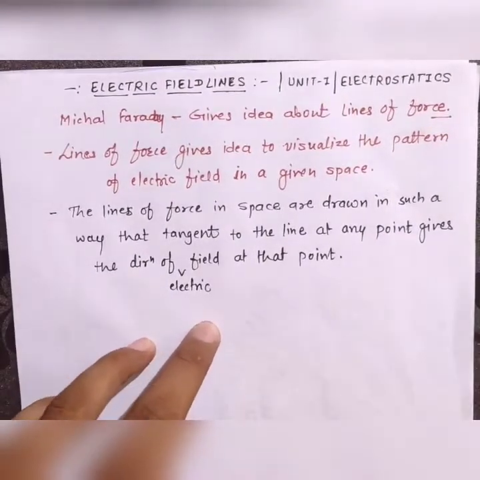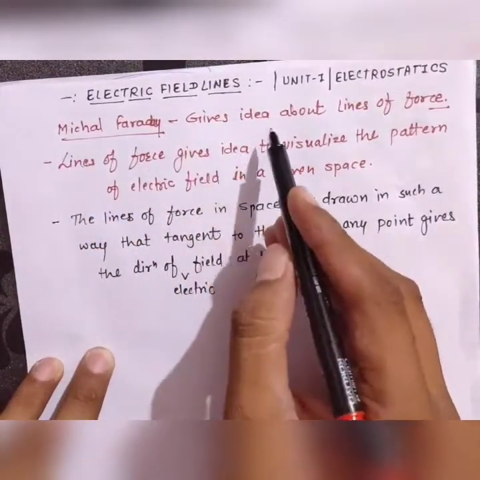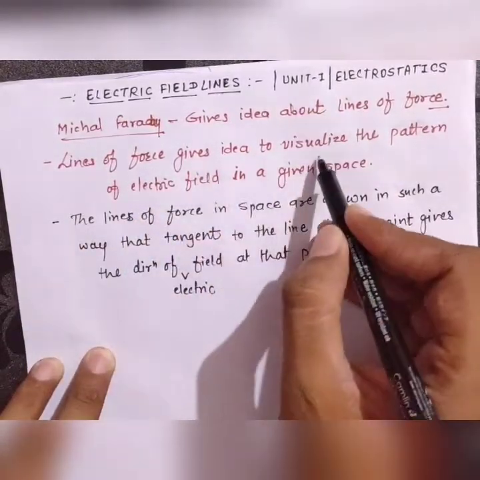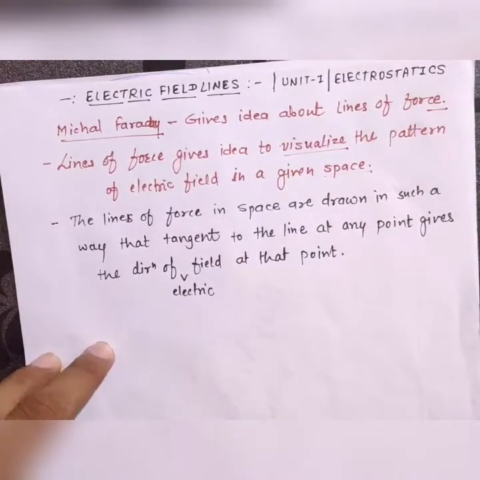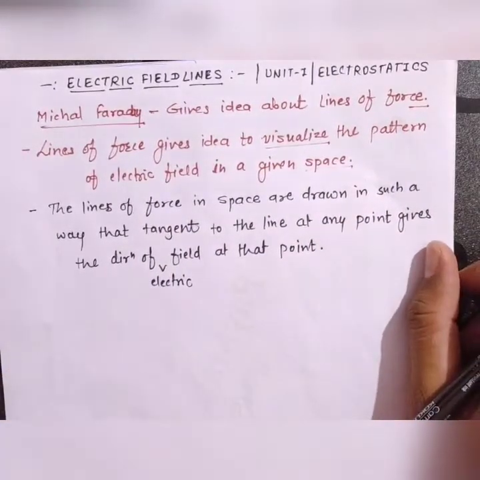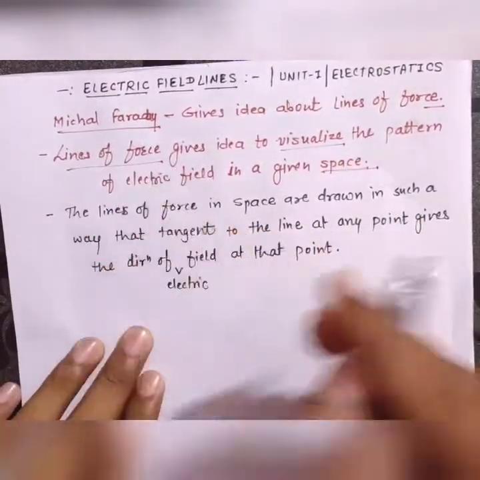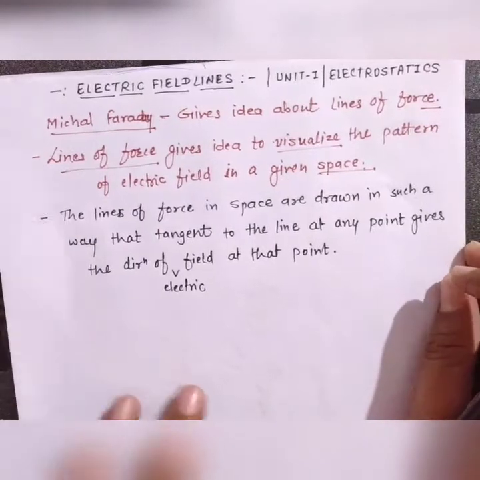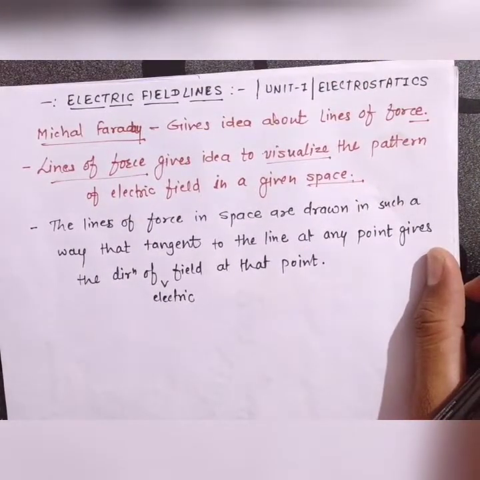A physicist, Michael Faraday, gave the idea about the lines of force. Lines of force help us visualize the pattern of electric field in a given space. To visualize the pattern of electric field in a given space, certain lines of force are drawn in a particular pattern. These lines are imaginary lines which help us to visualize the electric field in a particular space.